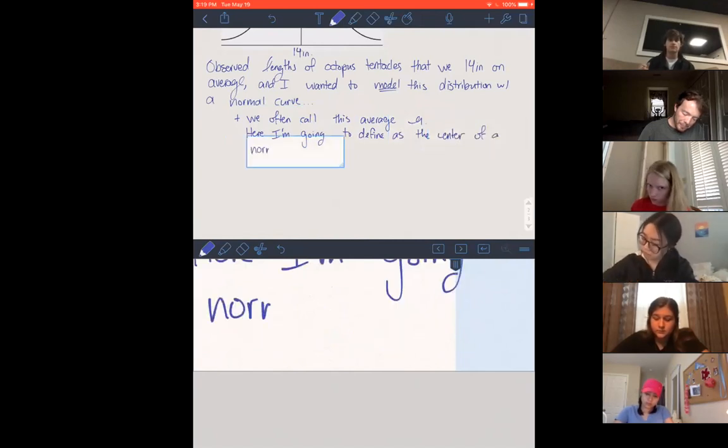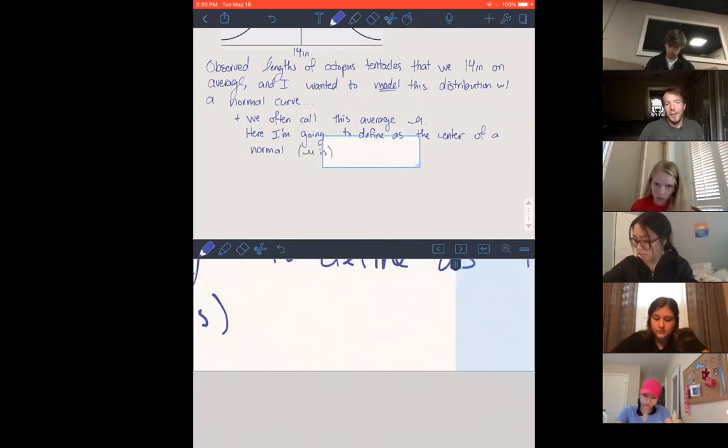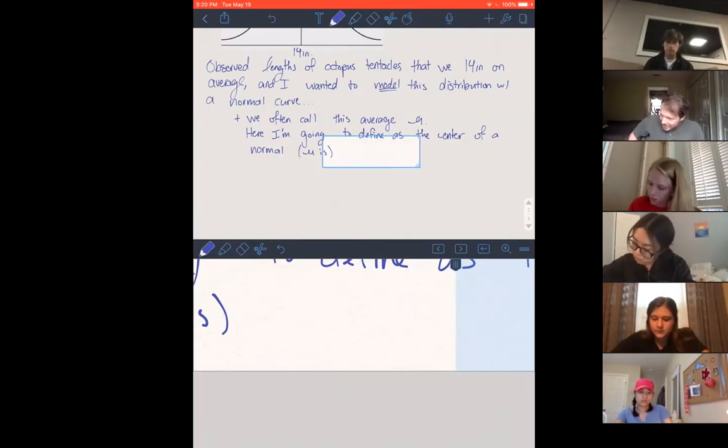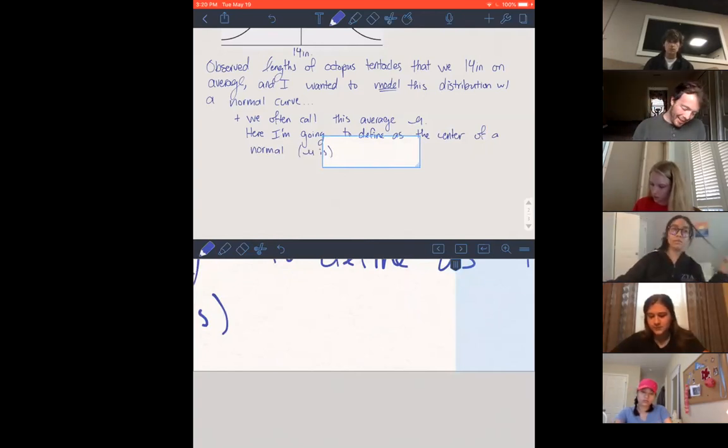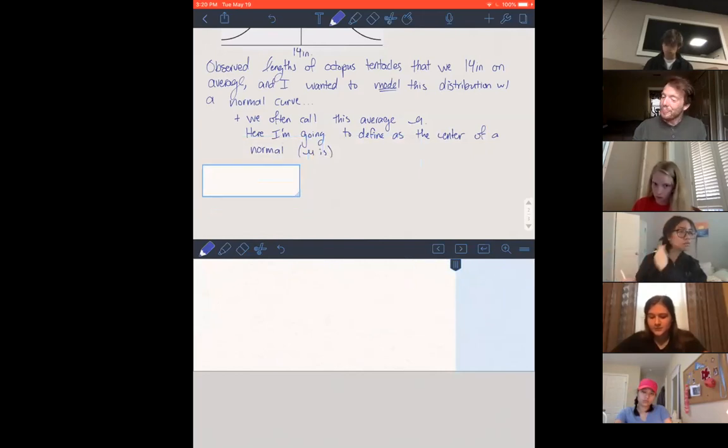All right? So when I use the number mu and I say it just sort of in general, I'm referring to the point at the center of a normal distribution. We call it mu, just sort of by convention. And I do warn you, there is something else that shows up in statistics that we also call mu. So don't get too upset when that comes. We will handle that when it comes.